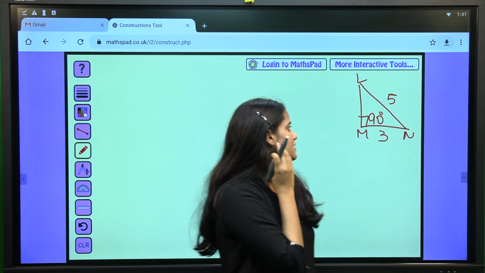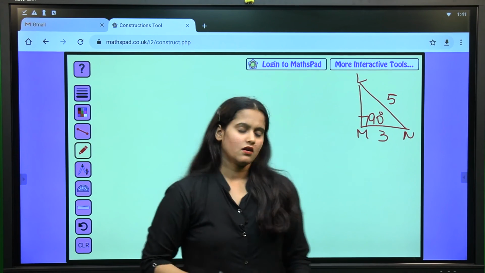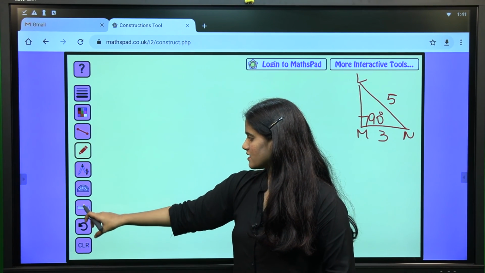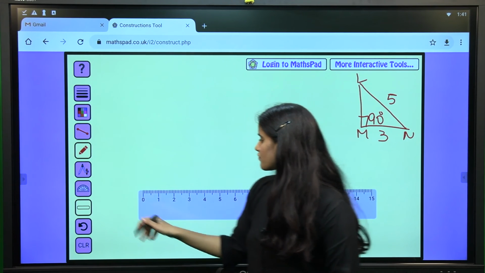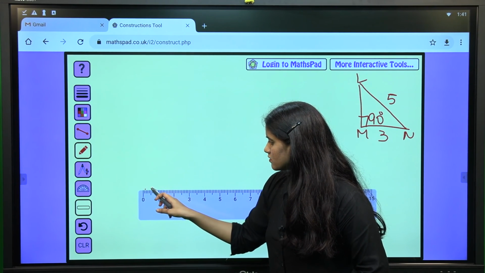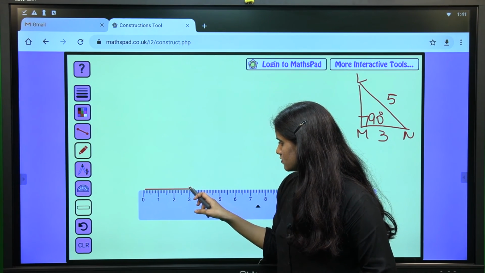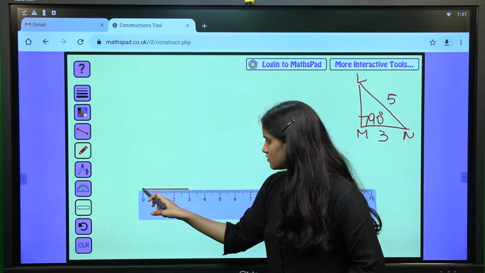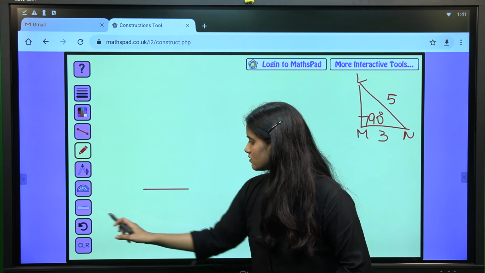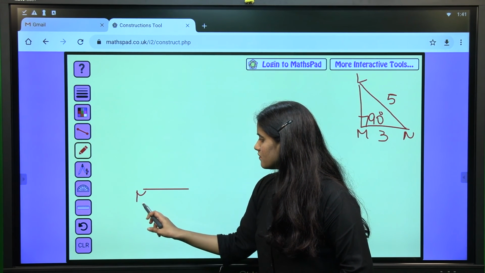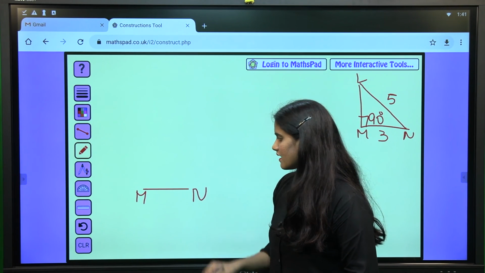Right? So let's do the construction then. Okay. First, let me draw the base, 3 centimeter. Done. Now, M, N I'll write like this.